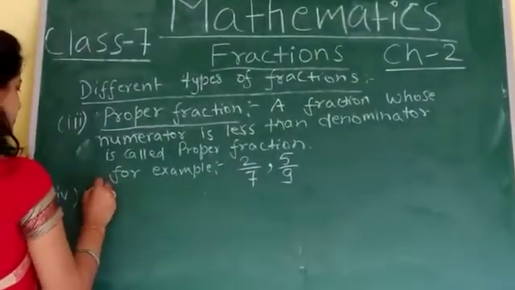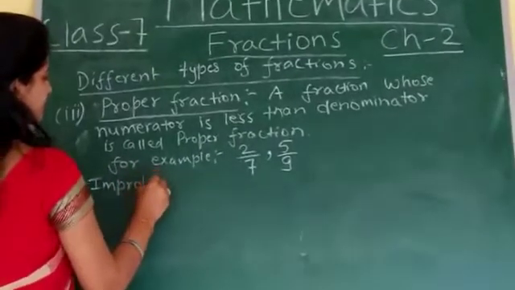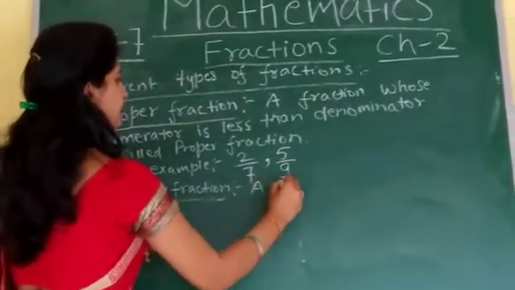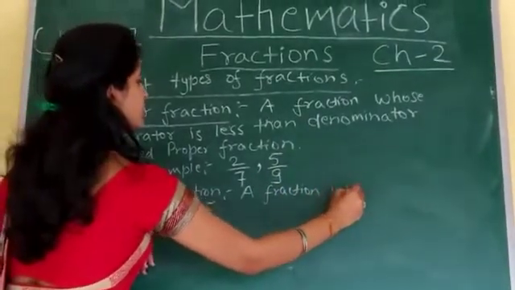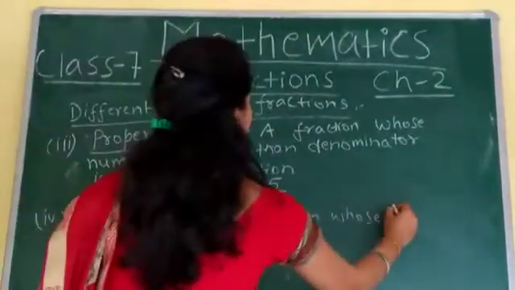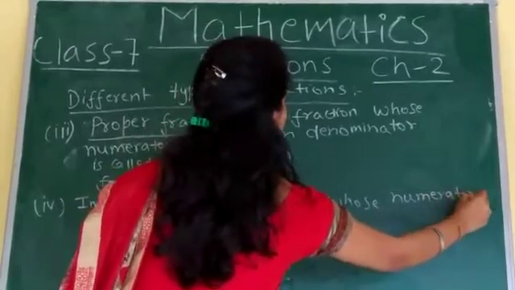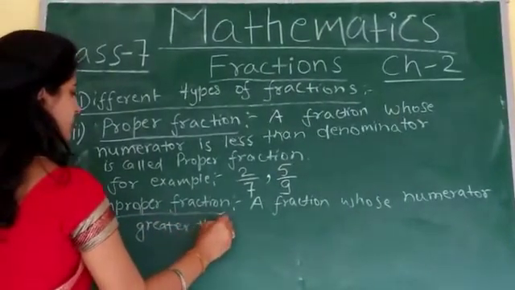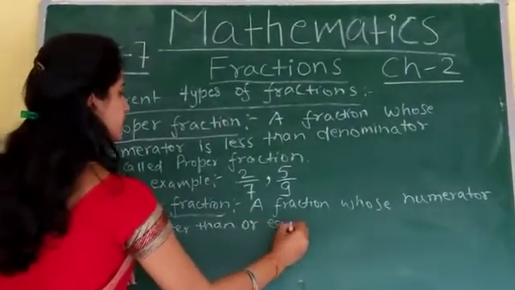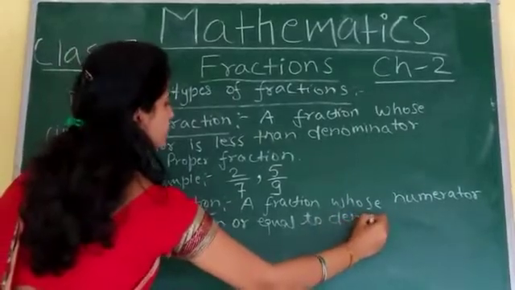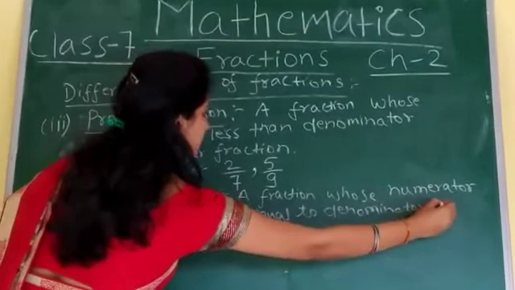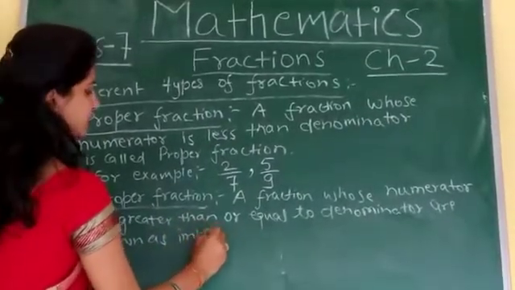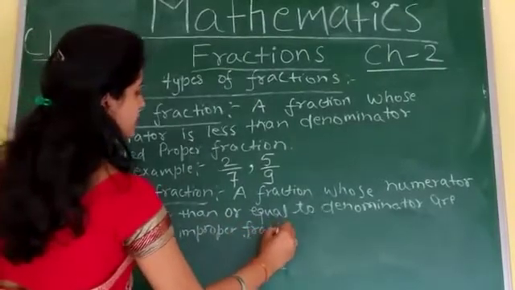Fourth one is improper fraction. A fraction whose numerator is greater than or equal to denominator are known as improper fraction.